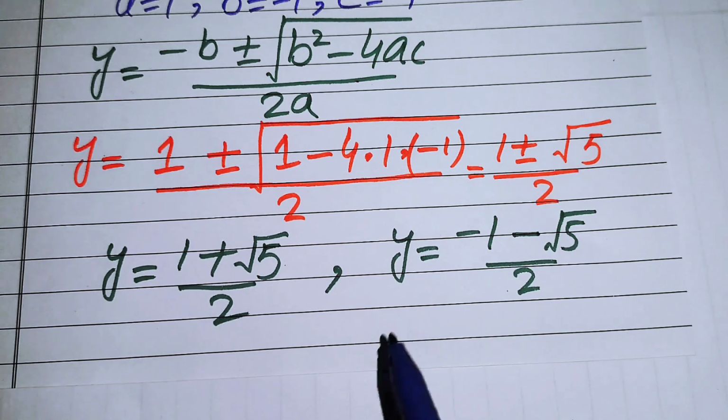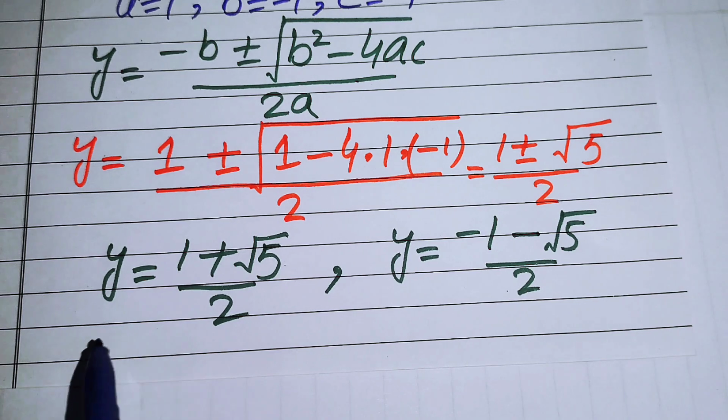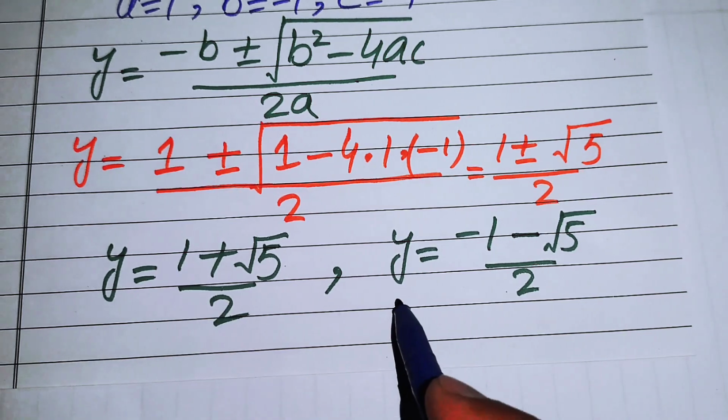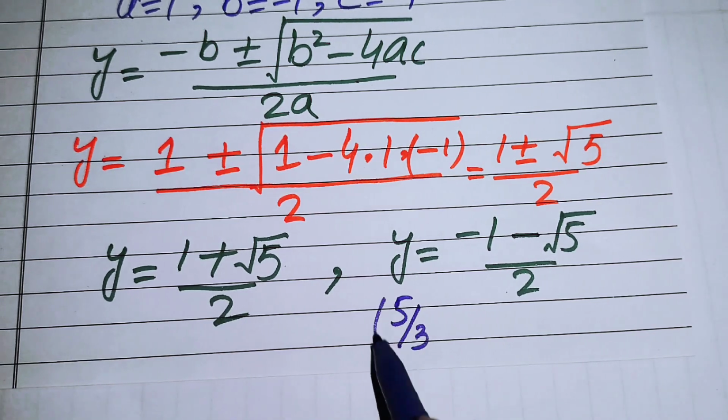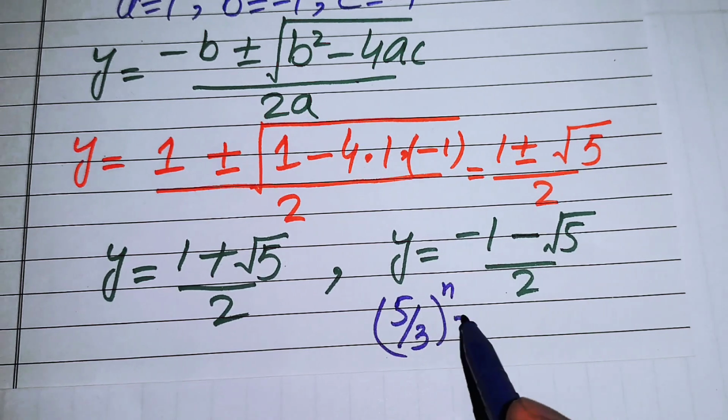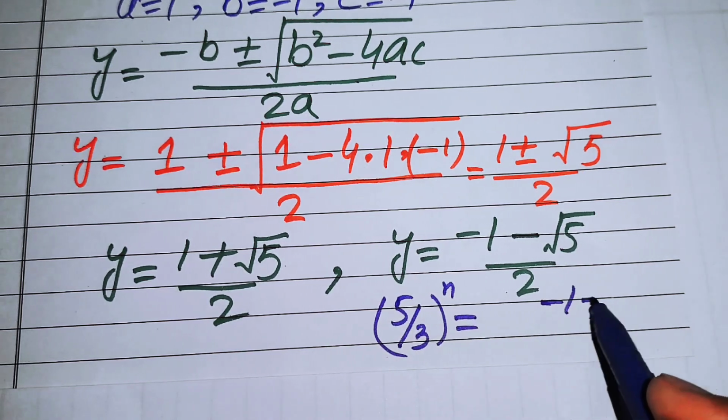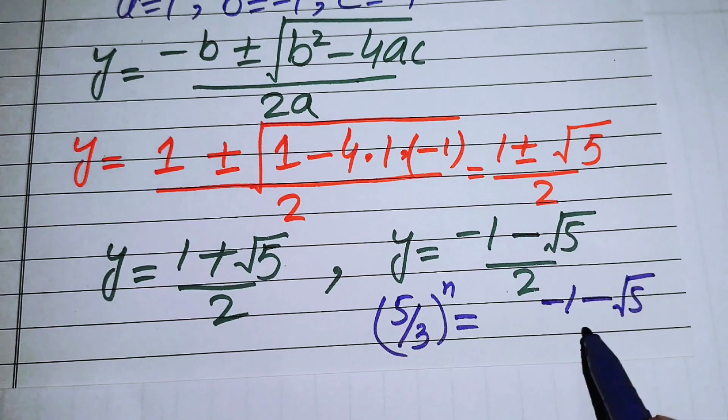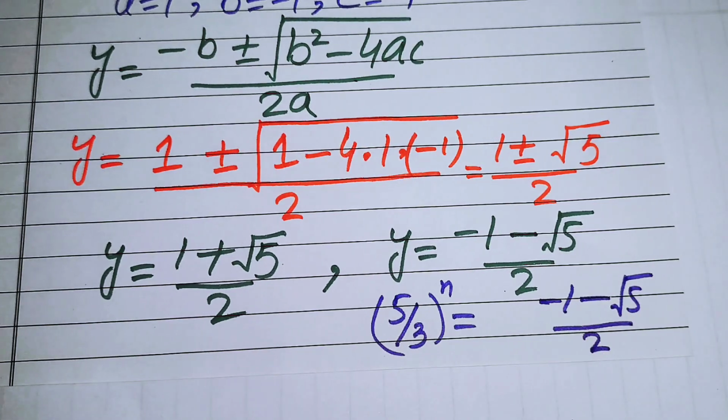At the start of the problem we took y equals (5 over 3) to the power of n. So when we back substitute this value, you get (5 over 3) to the power n equals (1 minus square root of 5) over 2.